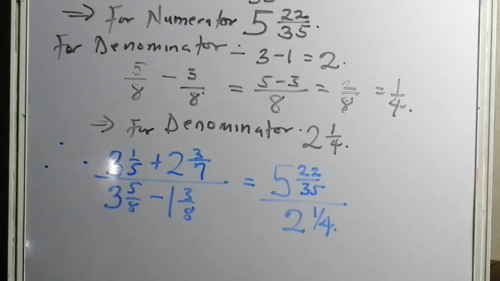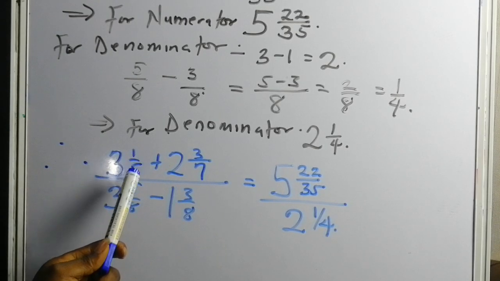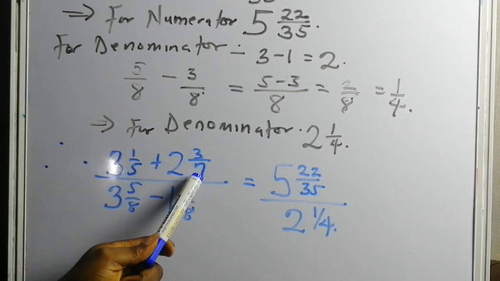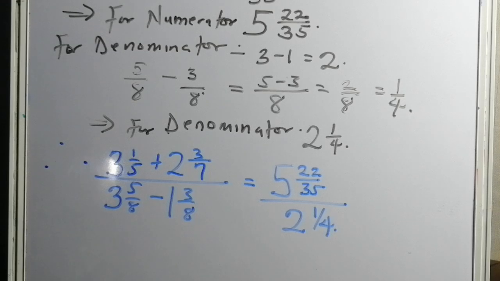That's using the short method. 3 plus 2 is 5. 1 over 5 plus 3 over 7, after finding the LCM, is 22 over 35. Very simple. 3 minus 1 is 2. 5 over 8 minus 3 over 8 will give you 1 over 4. So that's simple. That's how you do your shortcut, your method 2.